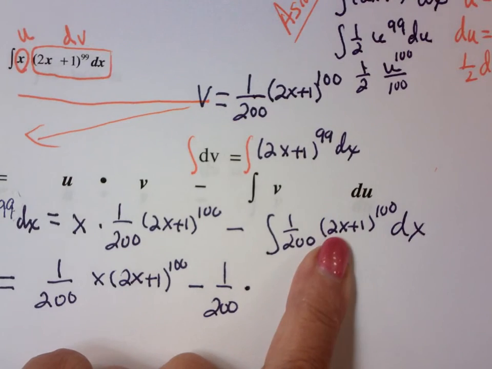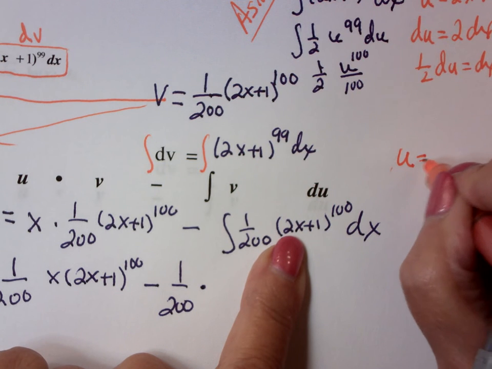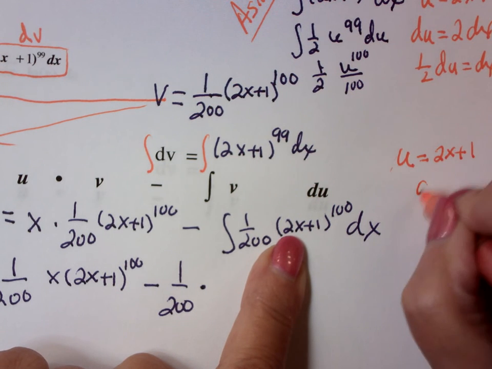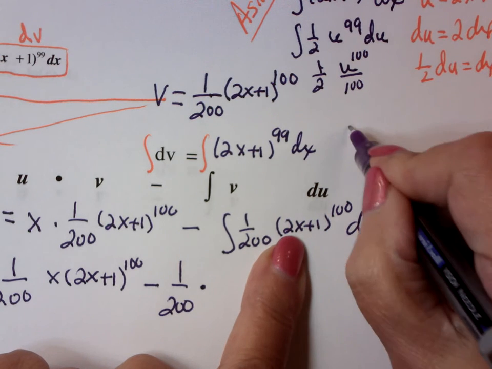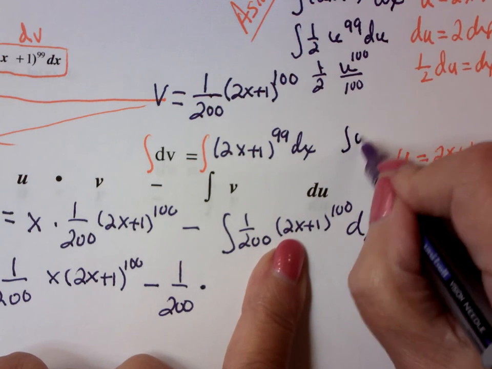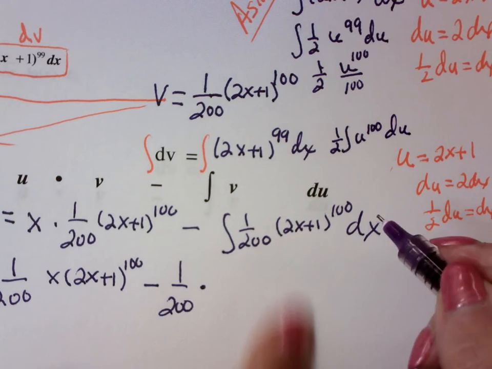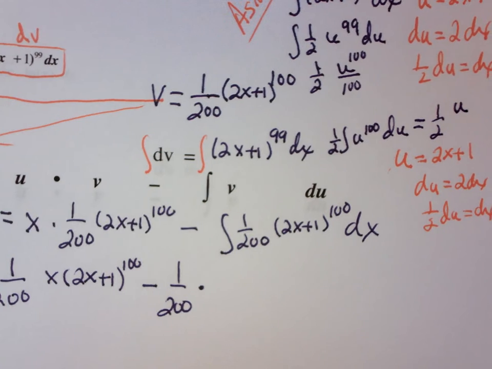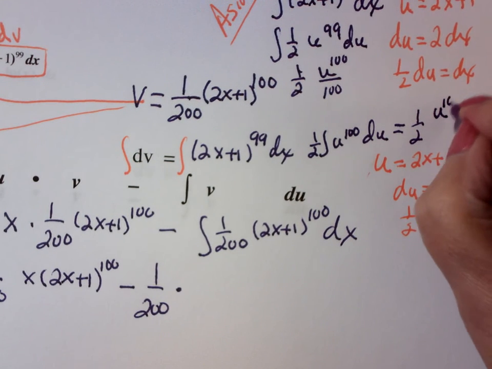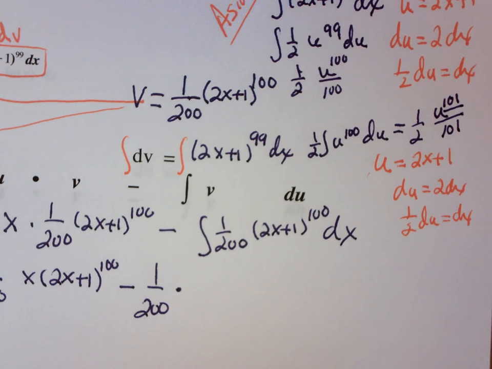So here we go again. To the side, u is going to be equal to 2x plus 1, so that du is 2 dx, or 1/2 du equals dx. So I'm dealing with the integral of u to the 100, 1/2 du, which is 1/2 u to the 101 over 101, plus c, of course.